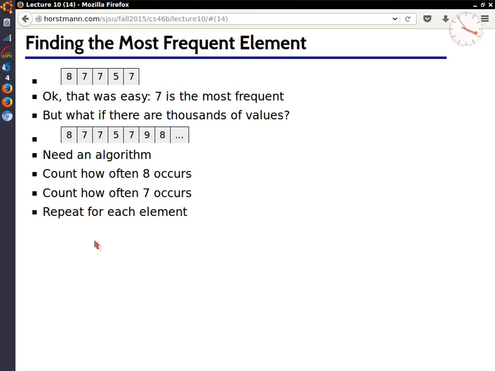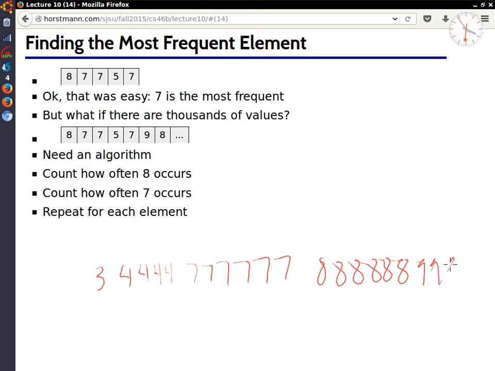Imagine the array was sorted. Would it be easier to find out what's the most frequent element? That would be, right? Because you would first see what is the length of this segment.